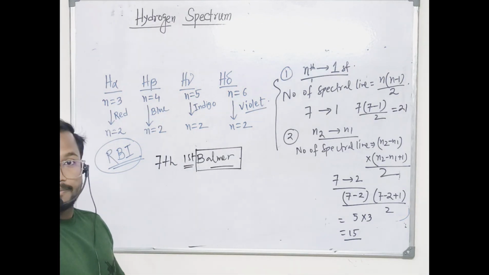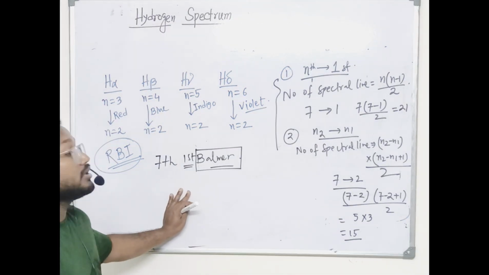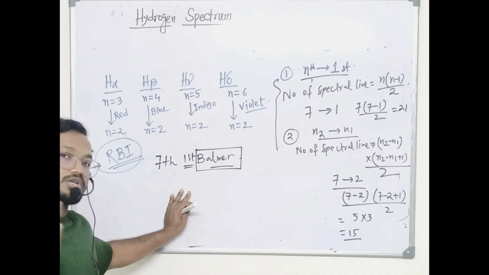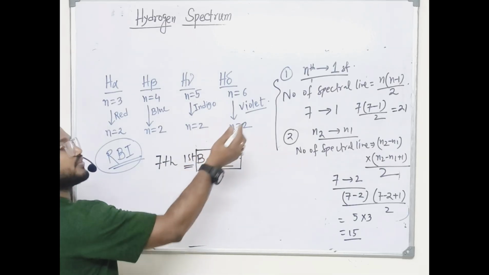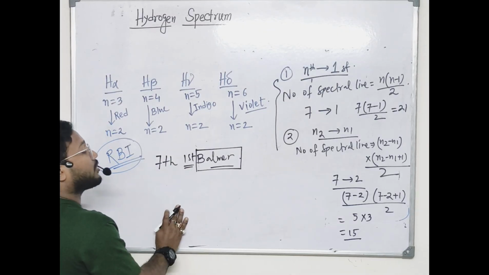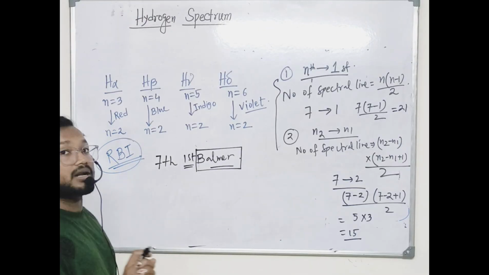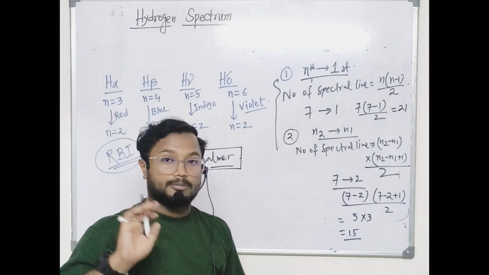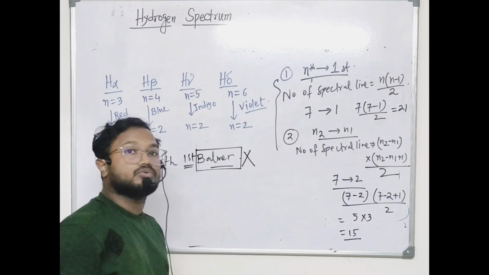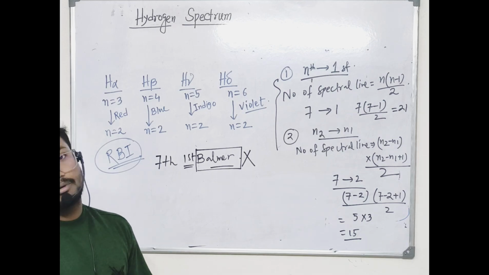That is the question. Means how many are going to reach the second only, not reaching the first, if the question is asked like that. 7 to 1st you can directly calculate. If they tell you that it is jumping from 7 to 1st, but no line is going to Balmer series, no line is going to 2, then how to calculate the number of spectral lines?